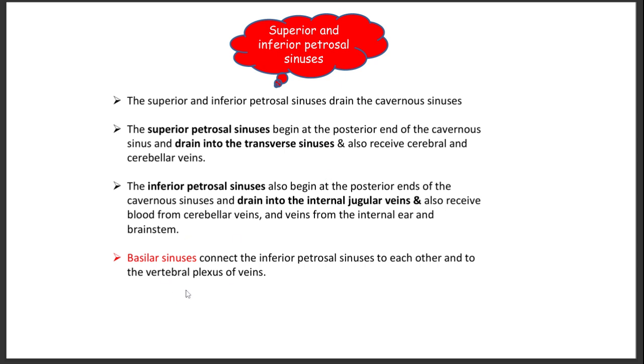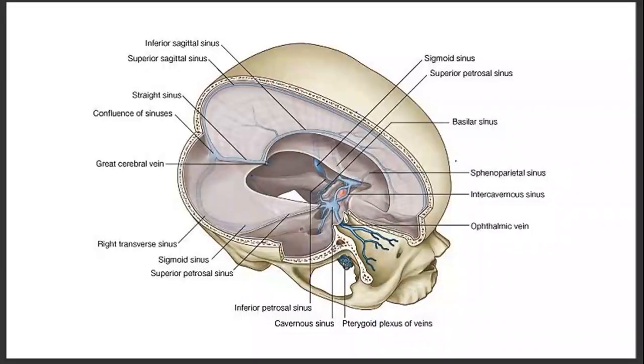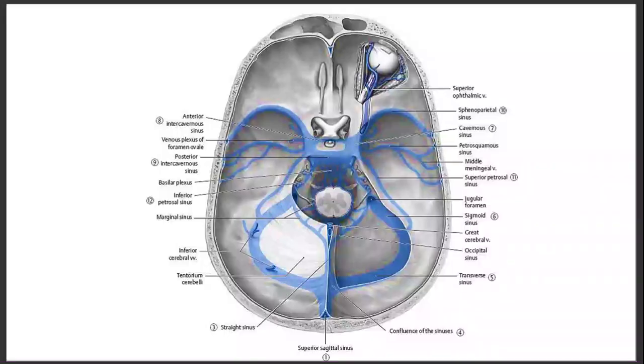The basilar sinus connects the inferior petrosal sinuses to each other, and to the vertebral plexus or veins. You can see the basilar sinus is very low down there, connecting the inferior petrosal. So that is it on the dural venous sinuses, the dural folds, and the meninges.